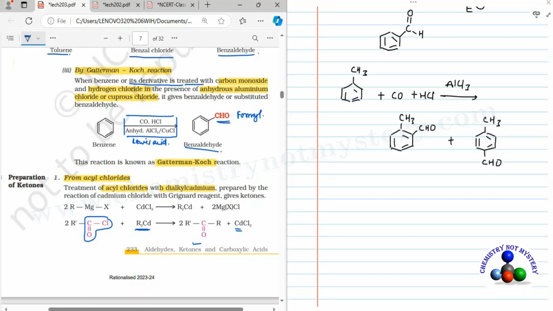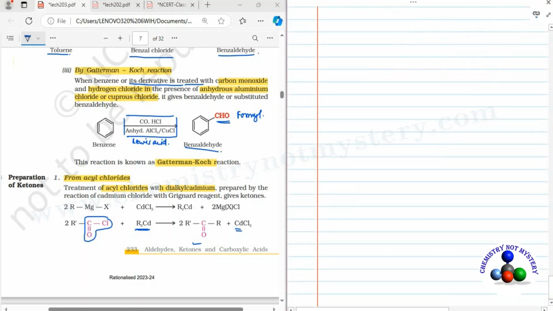And this dialkyl cadmium is prepared by the reaction of RMgX and CdCl2. Let's try to understand how this reaction takes place. So this is RMgX. When it reacts with cadmium chloride, magnesium is positively charged and the alkyl group is negatively charged, while cadmium is a metal, so it is positively charged.